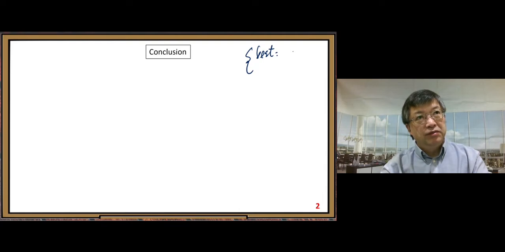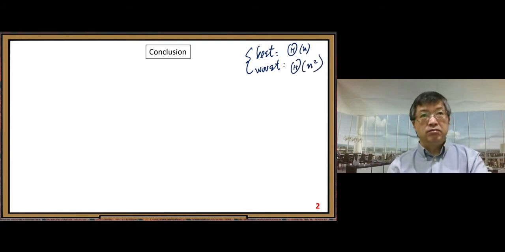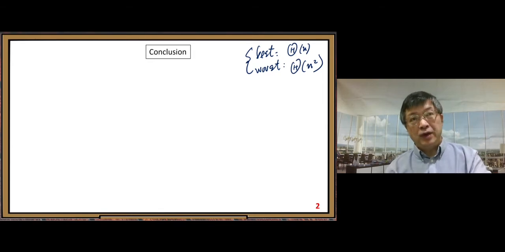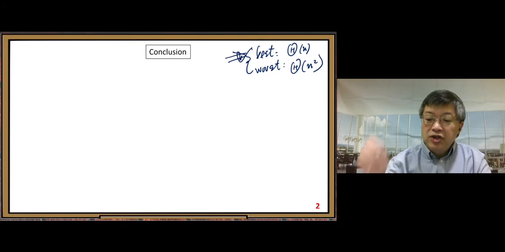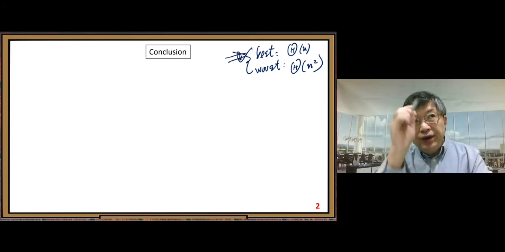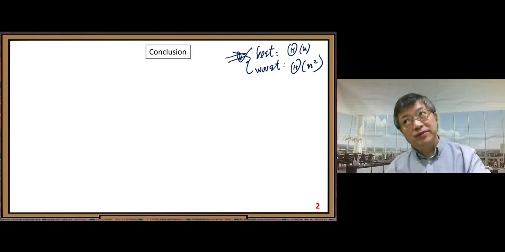The worst case is bad, but that's okay, we expect that. The worst case is always bad for most sorting algorithms. But the question is, how do we take advantage of this really good best case efficiency?